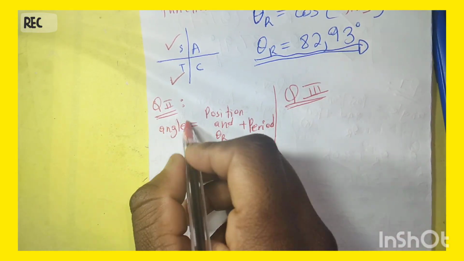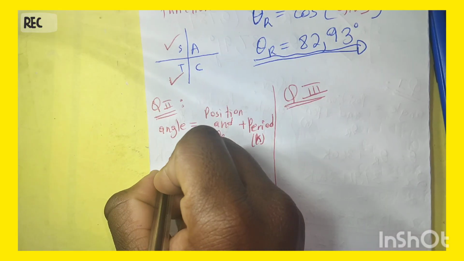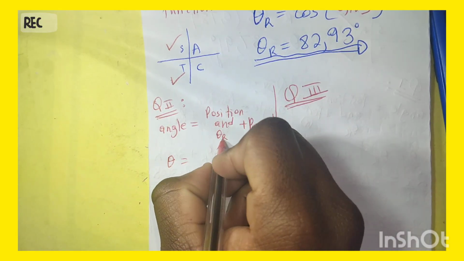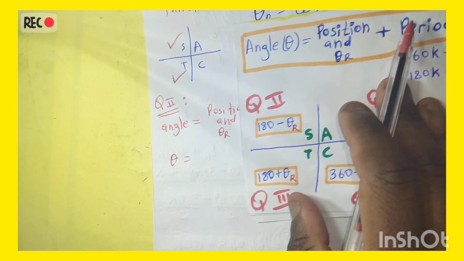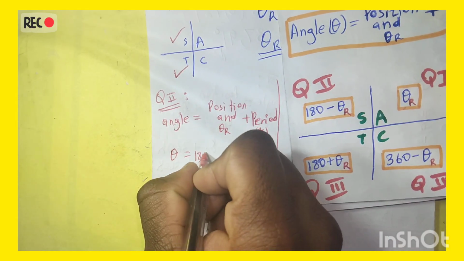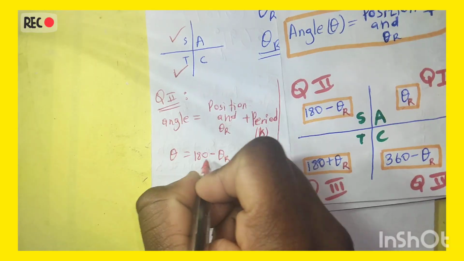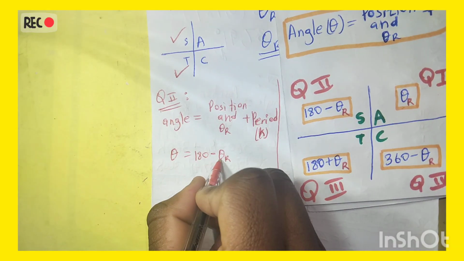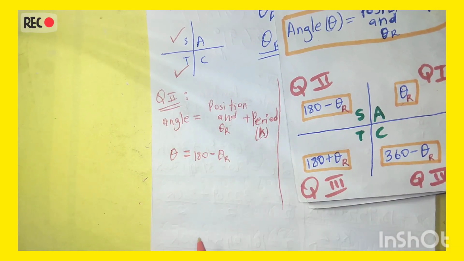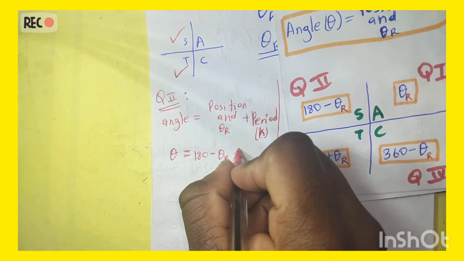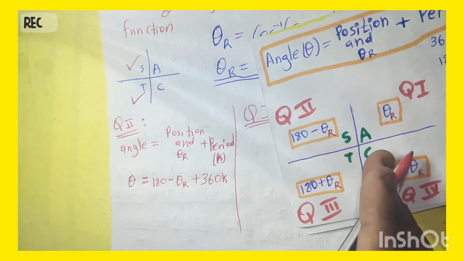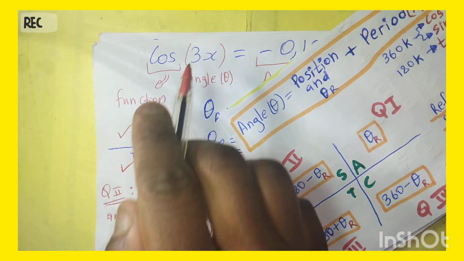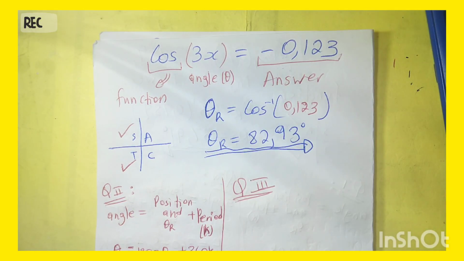The symbol for the angle is this one, and the position and reference angle on the second quadrant is this one: 180 subtract the reference angle, plus 360K. Our period will be 360K because this is cos. A period will be 360K only if it's sine or cos.